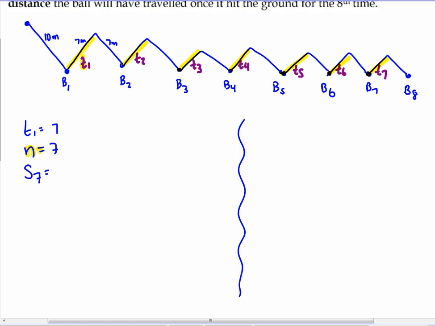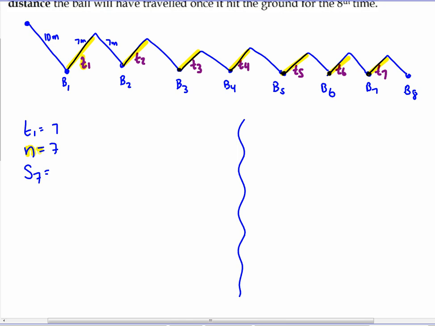So would you agree that when it goes up 7, it also comes down? Yeah. So once I find the sum of those that I've highlighted, what can I do to them to get the other side? Multiply by 2. Yeah.